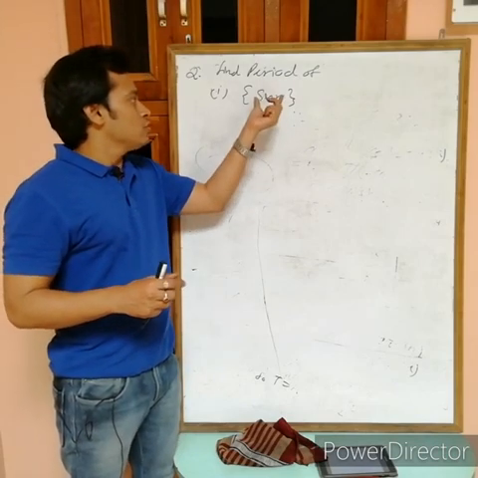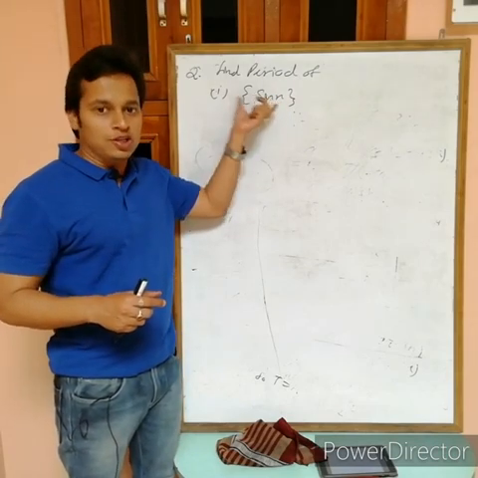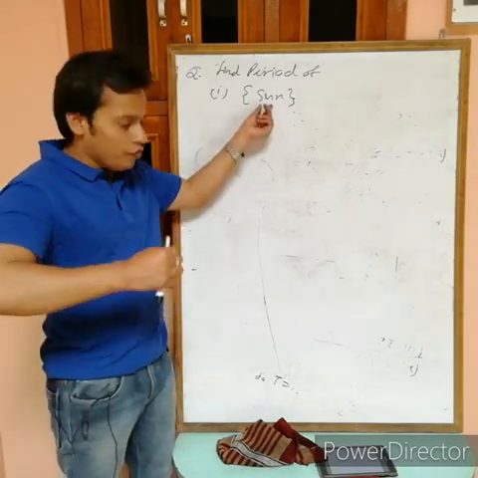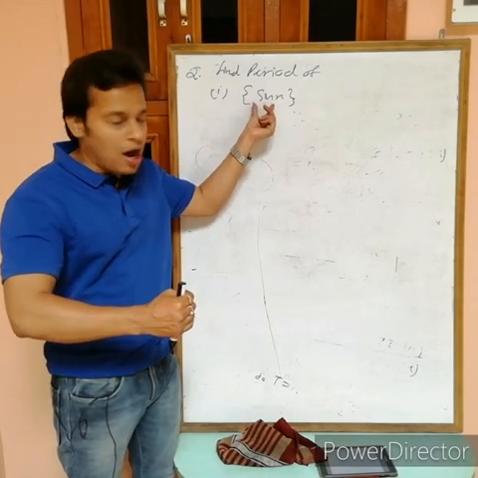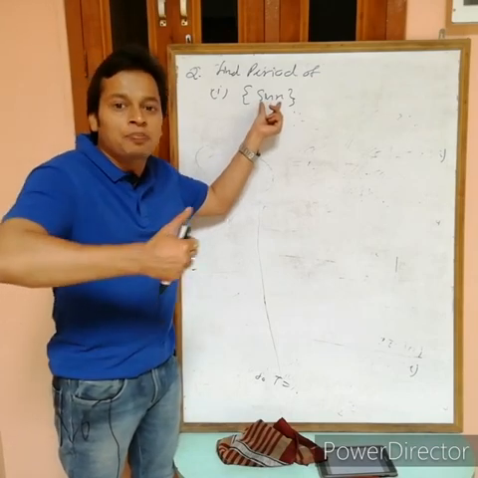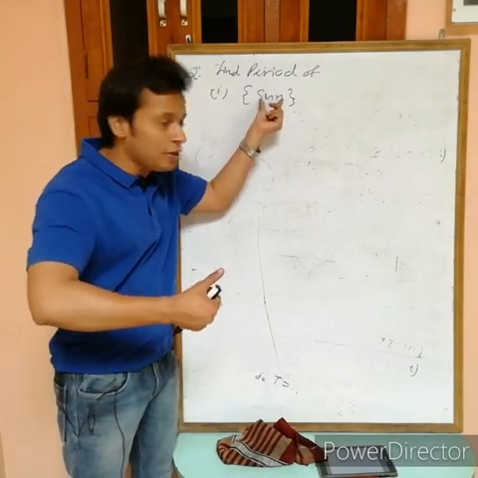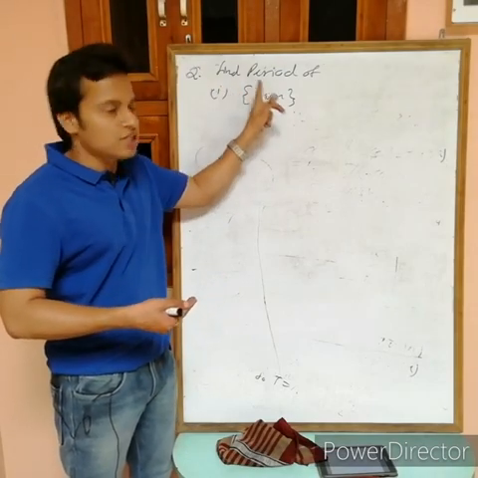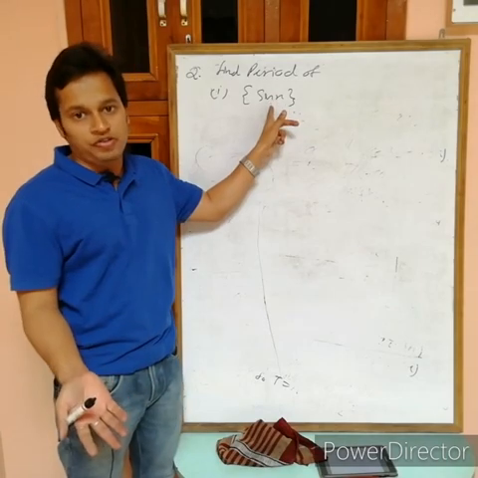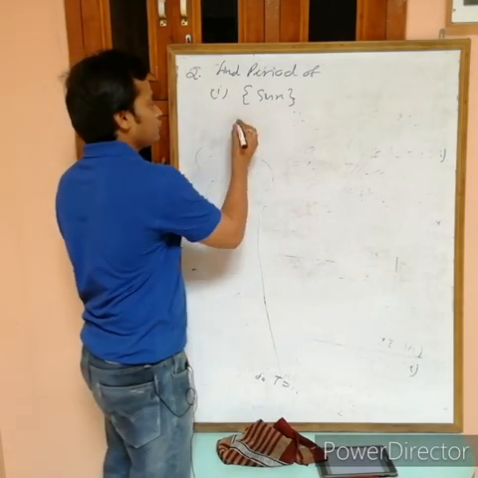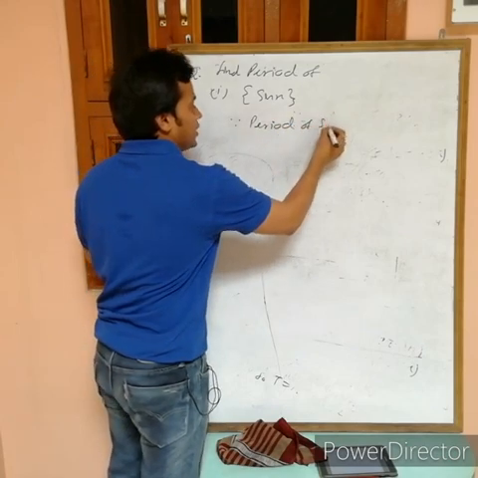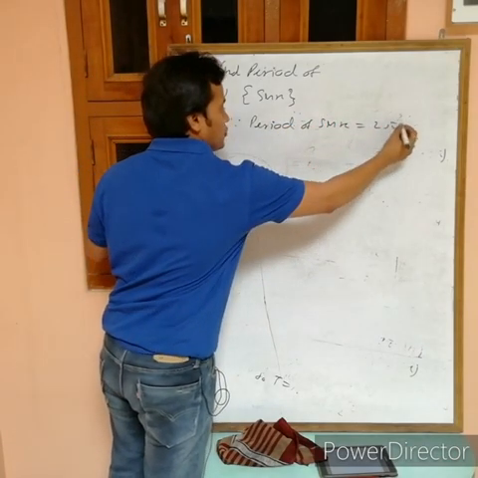So the period of sin x is 2 pi, so this function is also periodic with the period 2 pi, because after a 2 pi interval sine repeats its value. If sine repeats its value, then automatically the fractional part of sin x also repeats. Obviously.